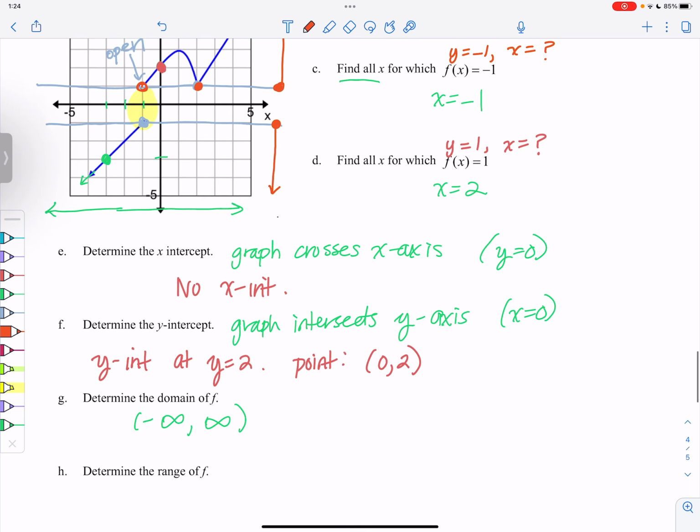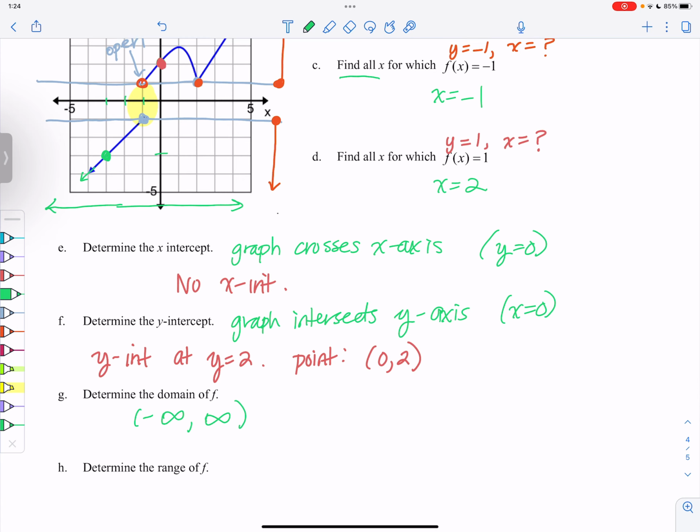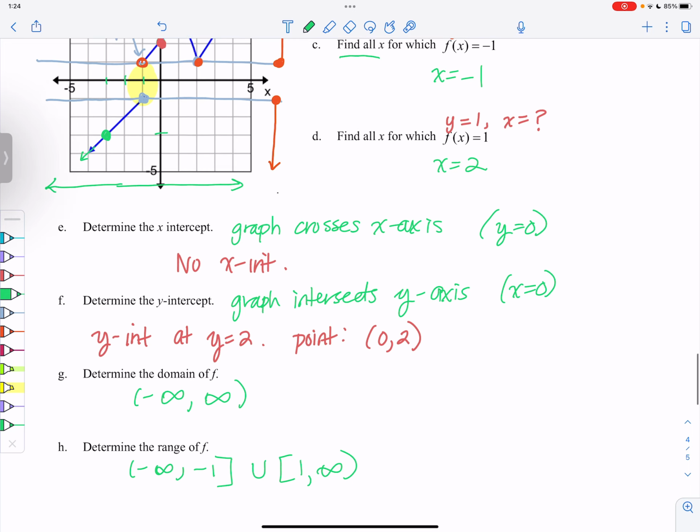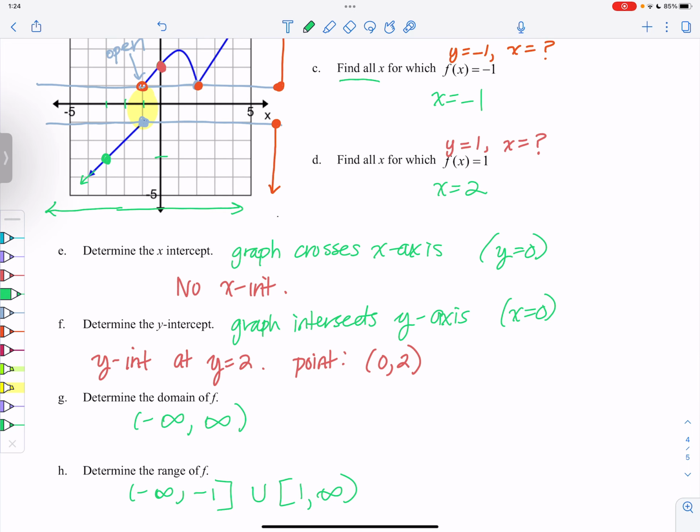So the range will be -infinity, going all the way to -1. And then we'll start back up again at +1 and go all the way to infinity. And that concludes this section.